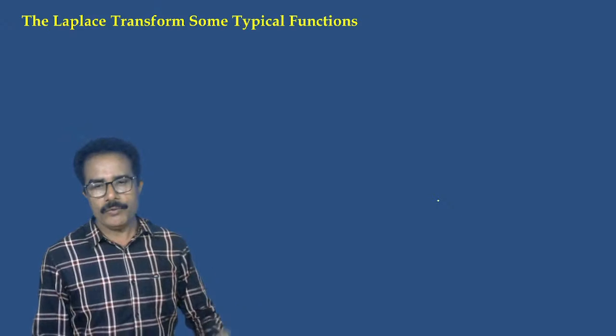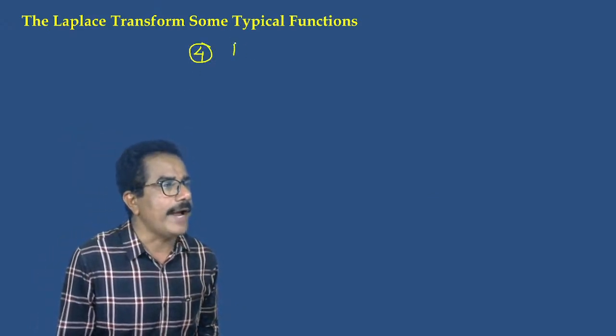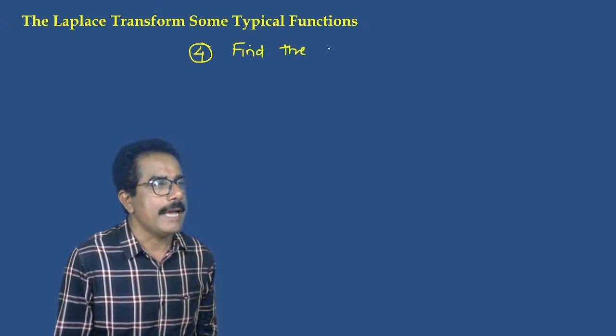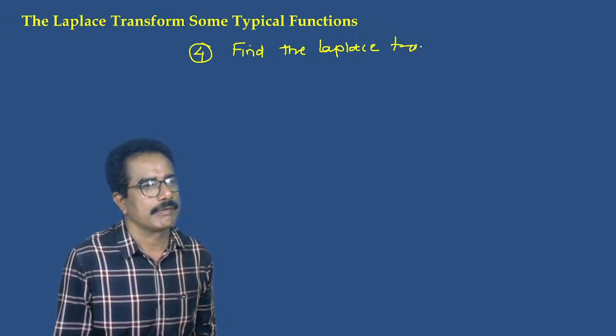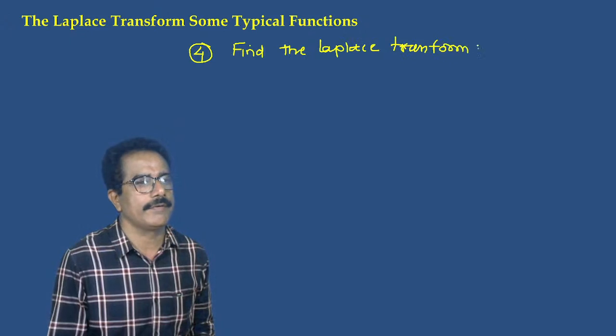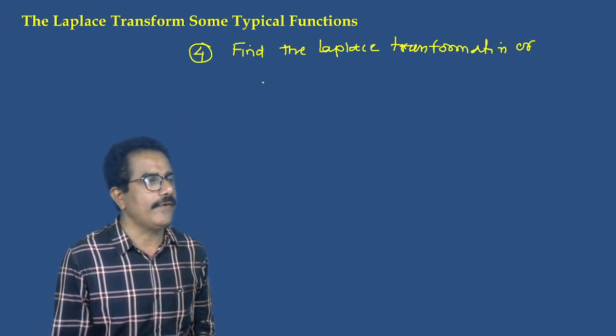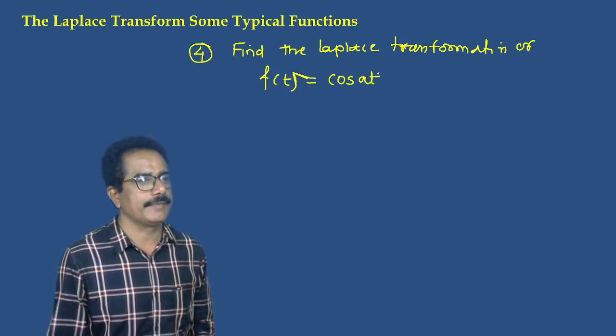Okay, now we shall move towards the fourth typical function. Find the Laplace transformation of f of t is equal to cos at.